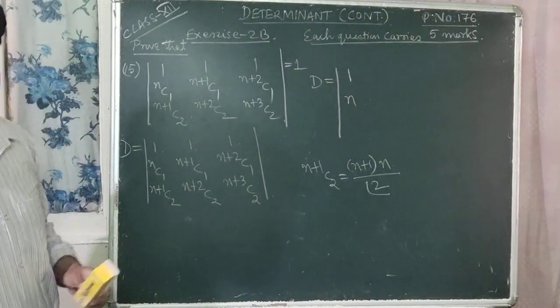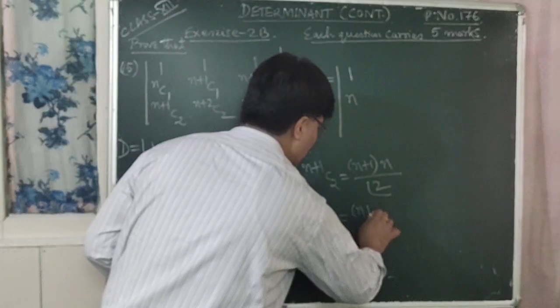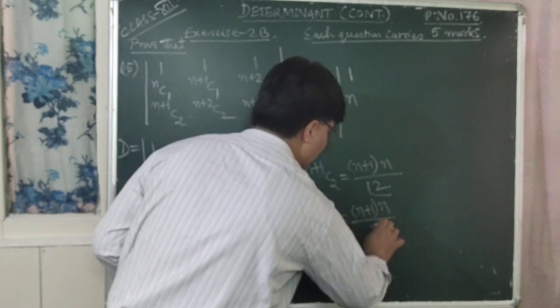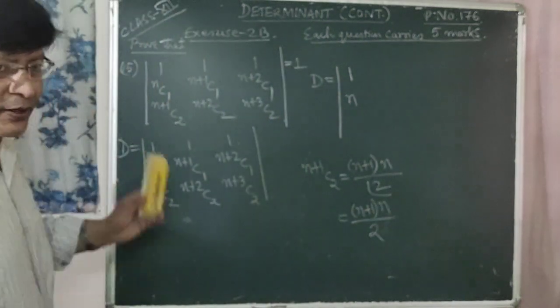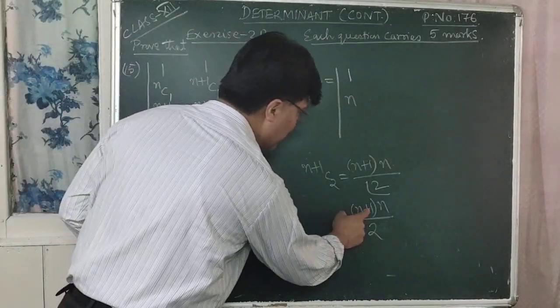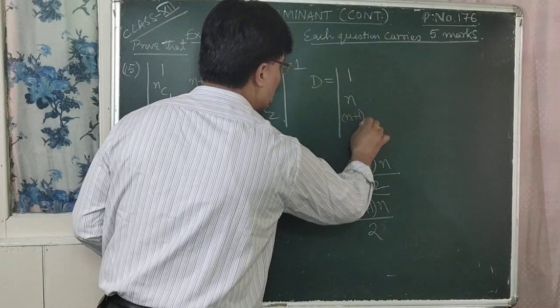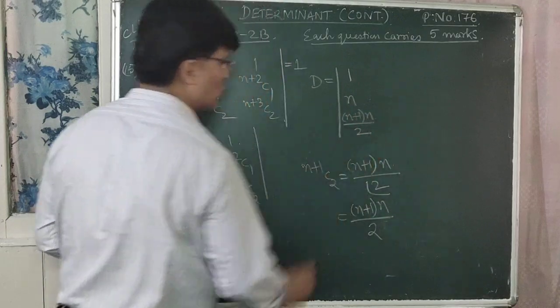What is meant by factorial 2? 2 into 1. So it is equal to n plus 1 into n divided by 2. So instead of n plus 1 C2, we write n plus 1 into n by 2. Is it clear?